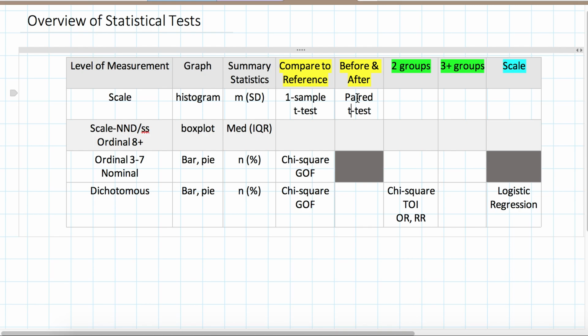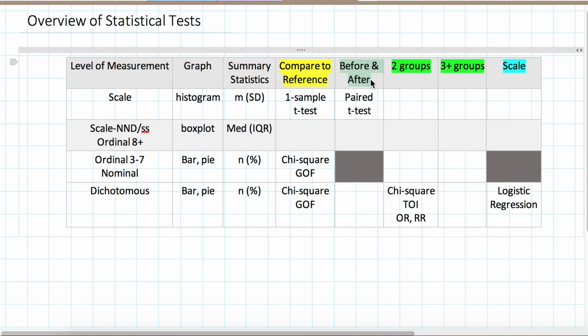So let's say we're measuring cholesterol like we did in the one sample t-test, but instead of just measuring it once, we measure it once, and then maybe people go through a 6-week intervention where they learn about healthy eating and exercise, and then we measure that same variable, cholesterol, at the end of that 6 weeks. Hence why we call it before and after.